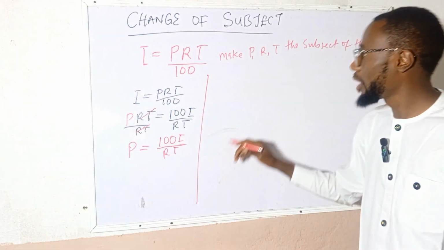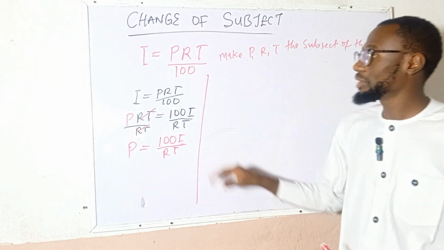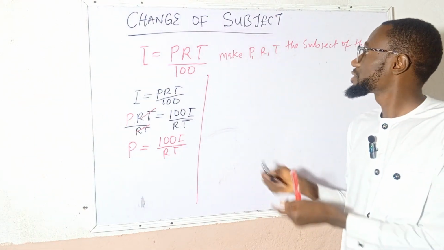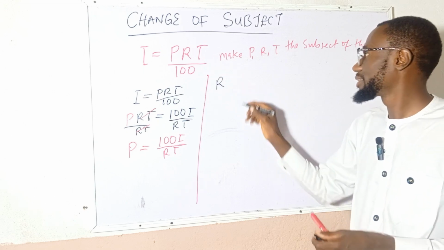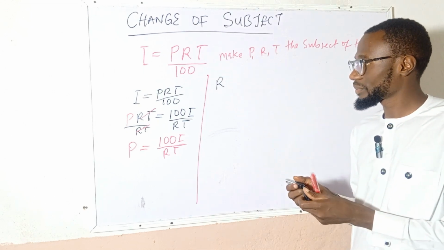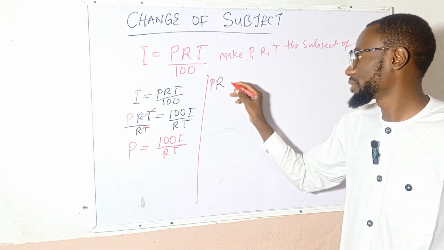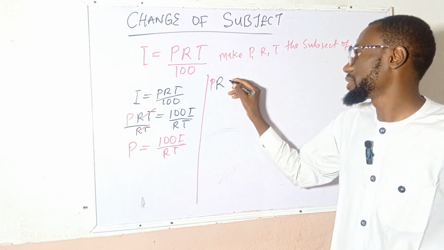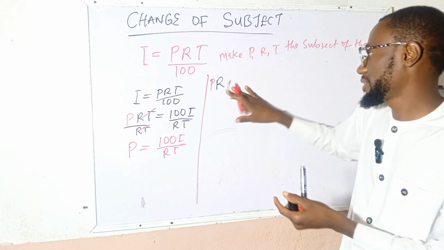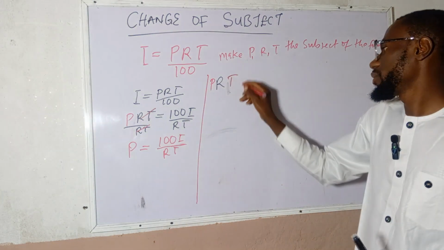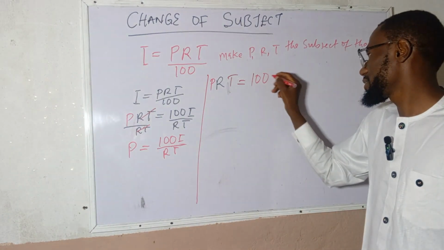In the next case, we are looking for R. To make R the subject of the formula, we can only take this step. Since we are looking for R, we have PRT equal to 100I.